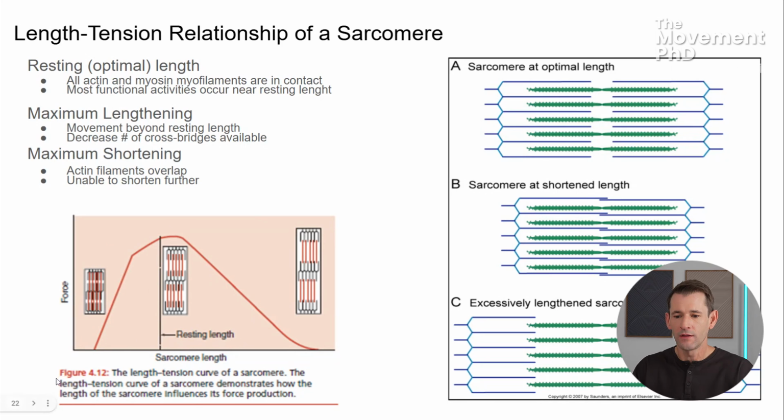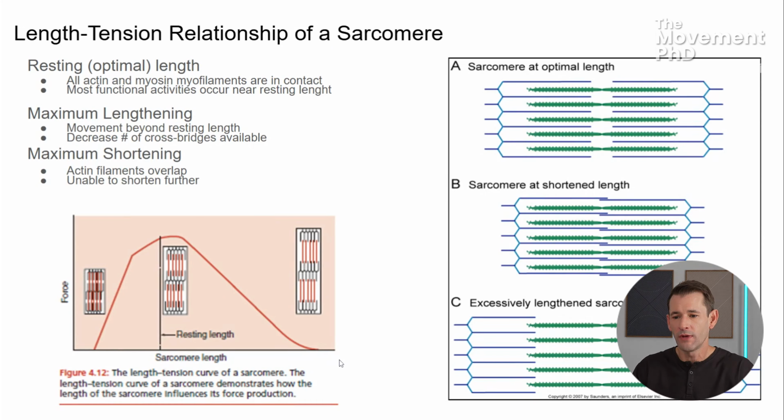However, if I'm on that ascending part of the curve, where that sarcomere is shortened, I have good cross-bridging, but I have nowhere to go because those actin filaments are already maximally shortened, so there's full overlap. There's nowhere for those filaments to go. So I'm generating no force when a sarcomere is over-shortened.